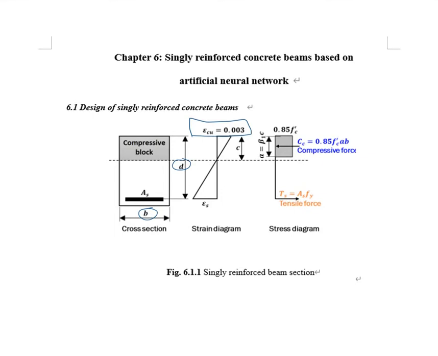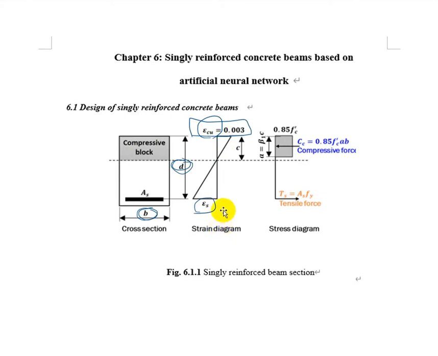The beam section has a beam width, beam depth, and the concrete compressive strain is assumed as 0.003 for design. We have strains from levers, the neutral axis, and an equivalent concrete block based on Whitney's rectangular concrete block.